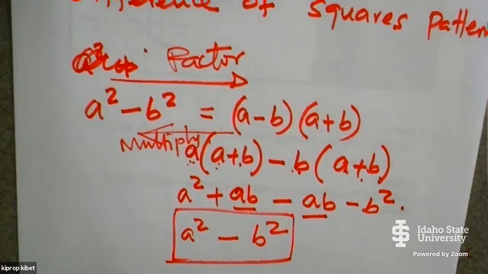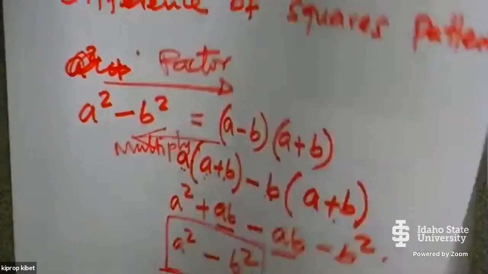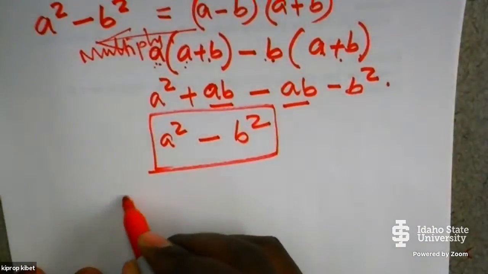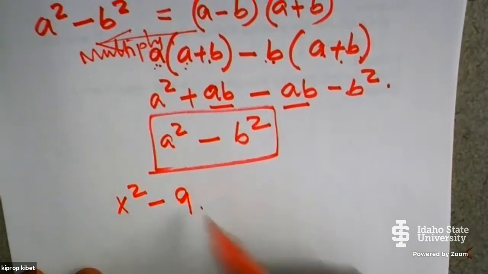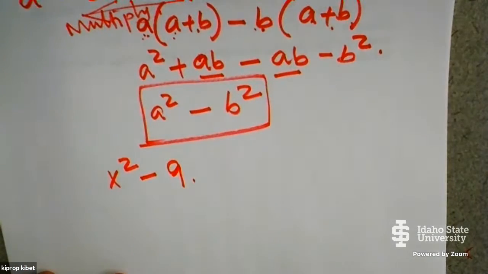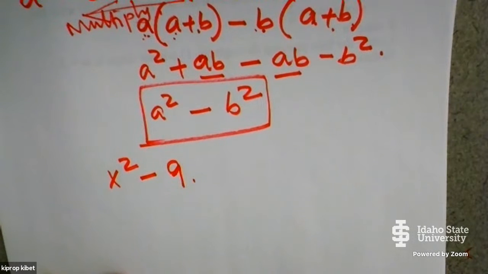So when you are given any question like, let's say, x squared minus 9, this is also a difference of two squares, right?